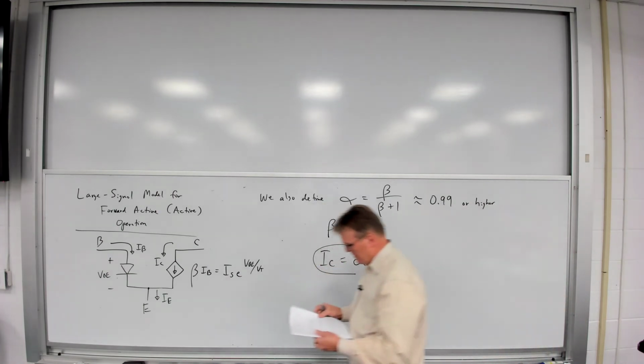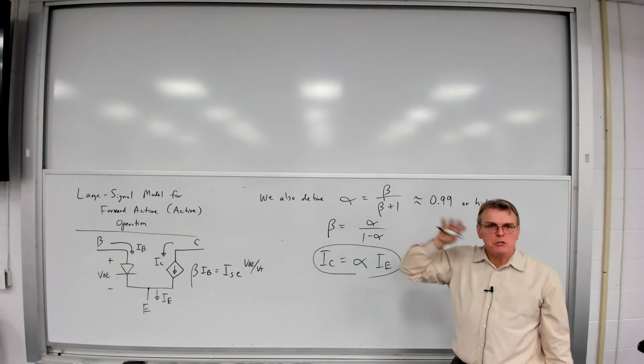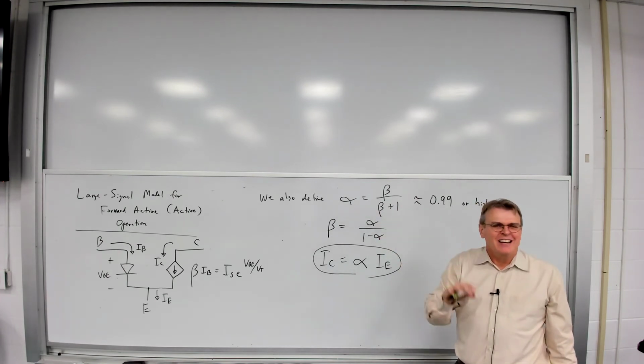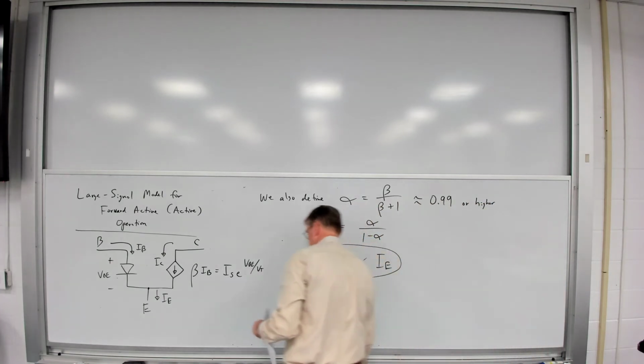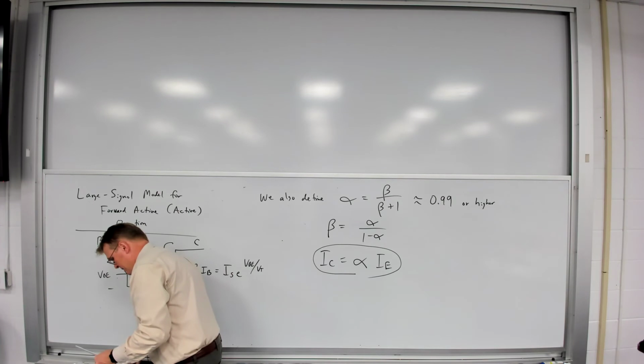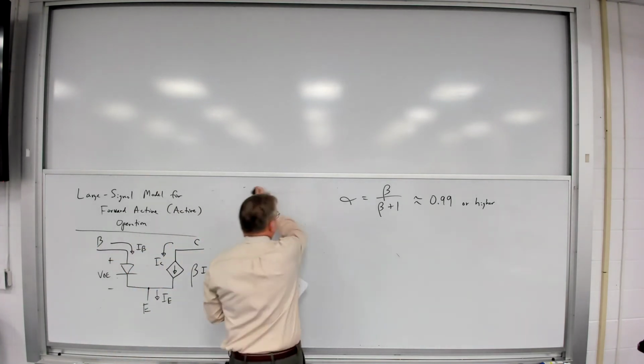Okay? Now, I also mentioned before that the structure of the BJT I drew for you guys isn't really what they look like. I mean, that sandwich the way I drew it. As I mentioned before, and I just want to reiterate this, an actual transistor structure really looks more like this.